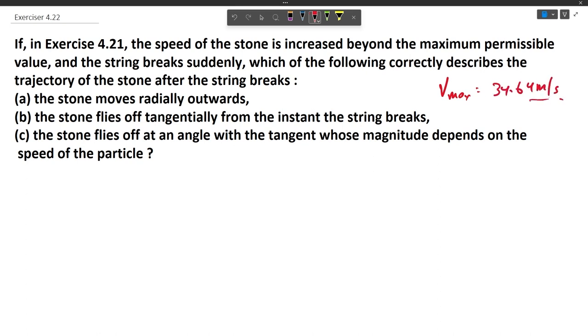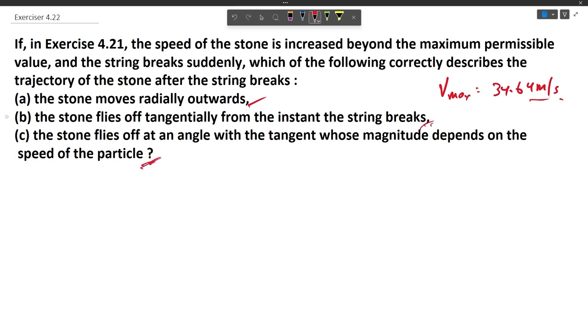Now what will happen if the velocity is increased? If the velocity is increased, then the tension would increase and it can't be sustained by the string, so the string will break. Now there are three cases that describe the possible scenario after breaking of the string.